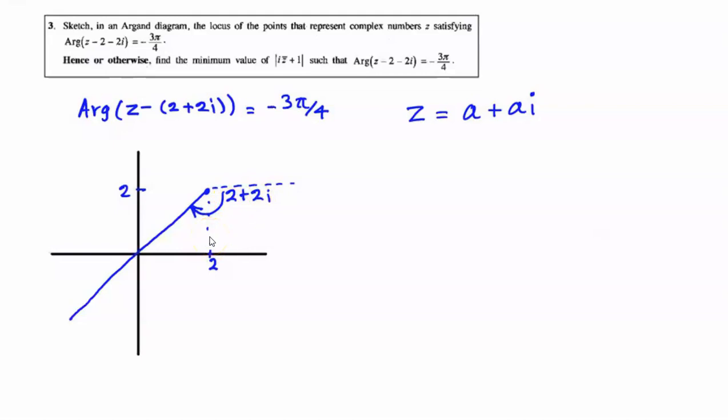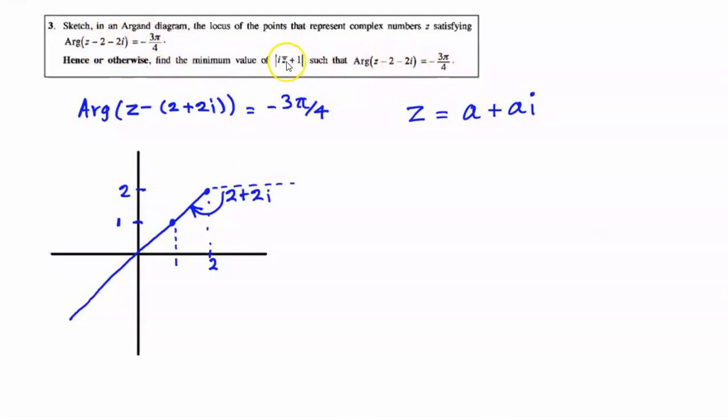So each z value in particular, for example, if you pick the one at 1 and 1, you see the a value and the b value is always the same. So in general, I can write a plus ai for any z value that satisfies this condition.